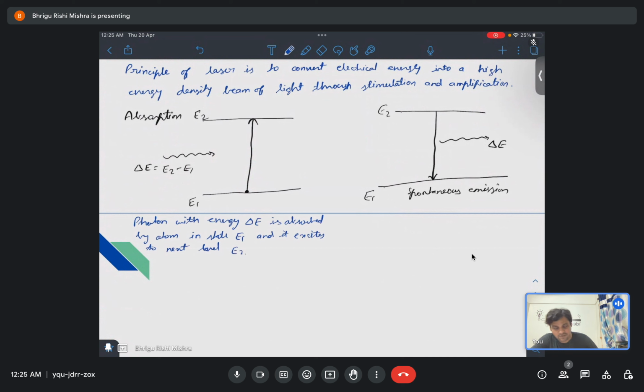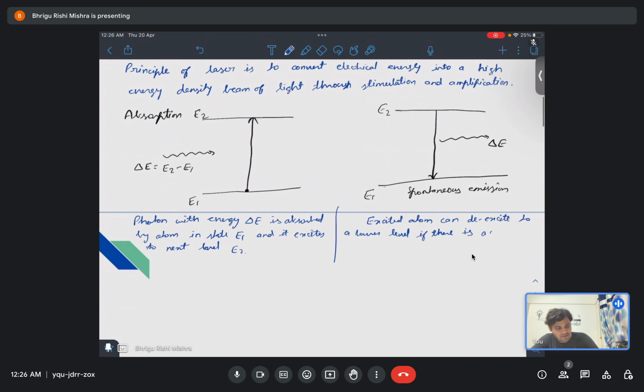Whereas for spontaneous emission, this excited atom can de-excite to a lower level if there is a possibility of a vacant site available.